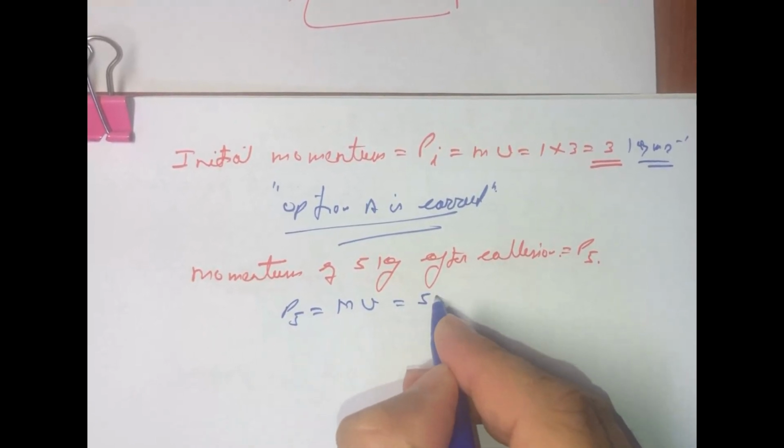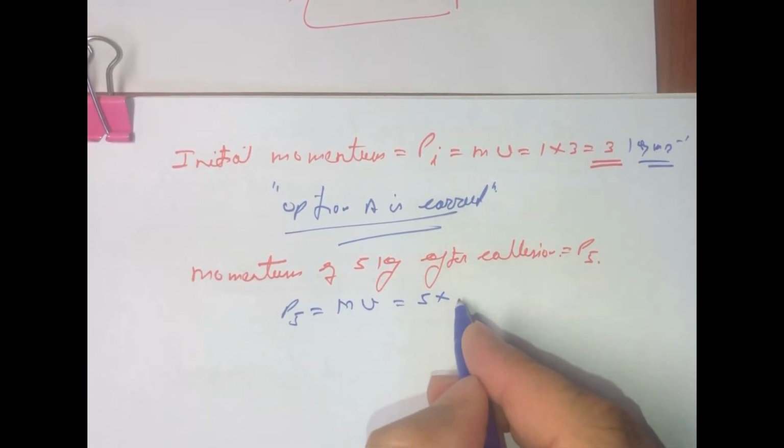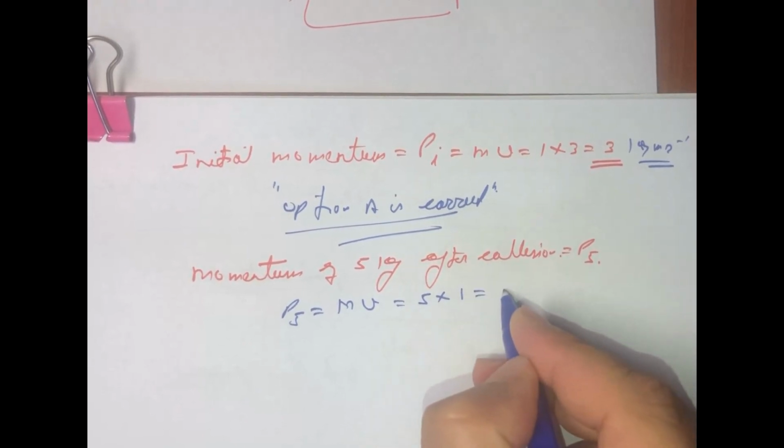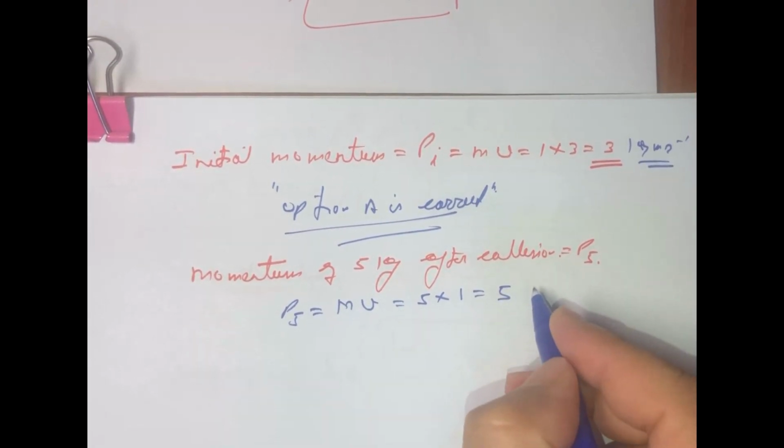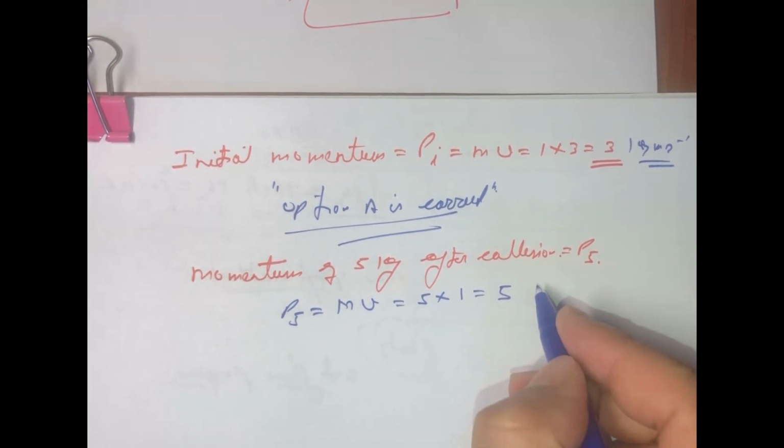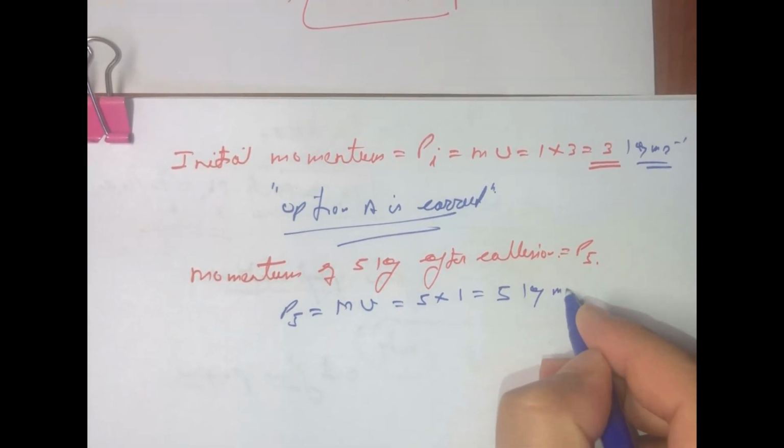Mass is 5 kg and v is 1, so this comes as 5 kg meter per second.